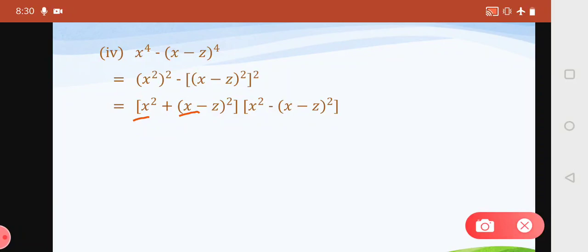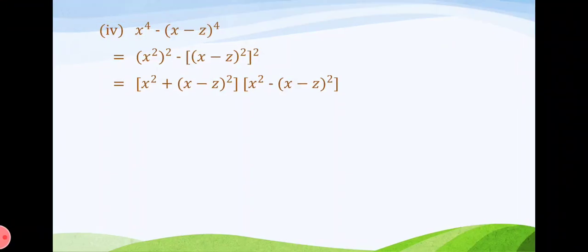For the second bracket, another time we have to apply identity 3. So there is no need to open that bracket, but the first bracket we will open using identity number 2. So we will get (x² + (x − z)²)(x² − (x − z)²). Further, in the first bracket we will apply identity number 2.